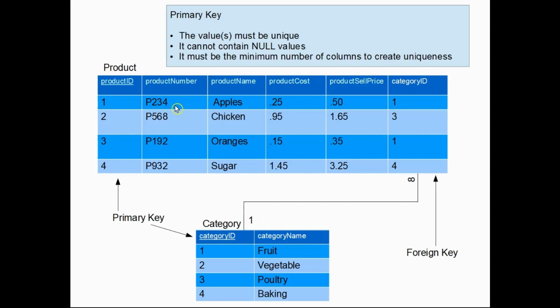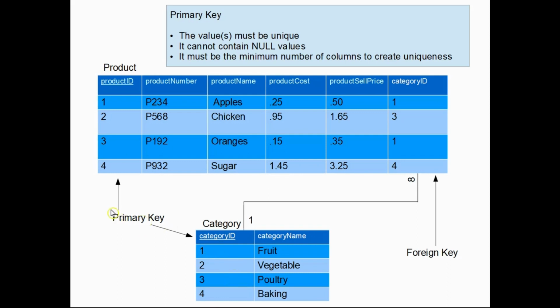The other characteristic is it cannot contain a null value. Null means no value whatsoever. In other words, you must have a value in here. You can't leave it blank. Any column that's part of the primary key must have a value. Can never leave them blank.